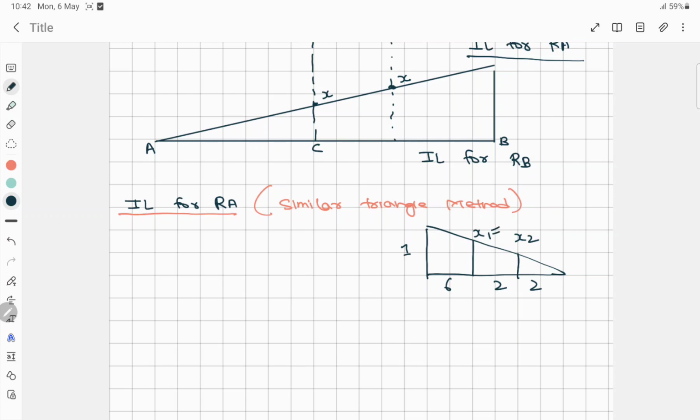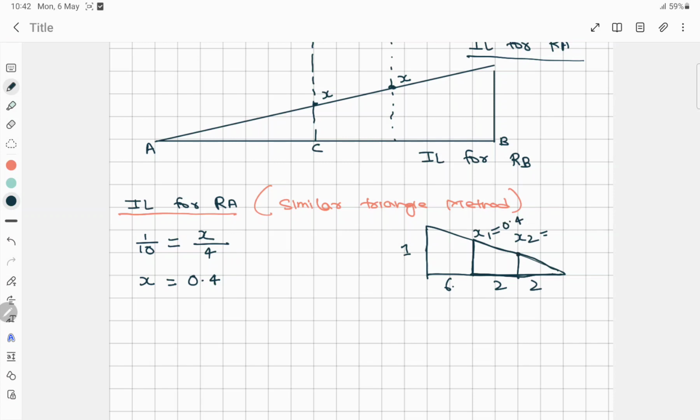From similar triangles, the big triangle is 1 by the whole distance, which is 10, since 6 plus 2 plus 2 is equal to 10, equal to the small triangle, X by, from here to here the distance is 4. So now X is equal to 0.4.